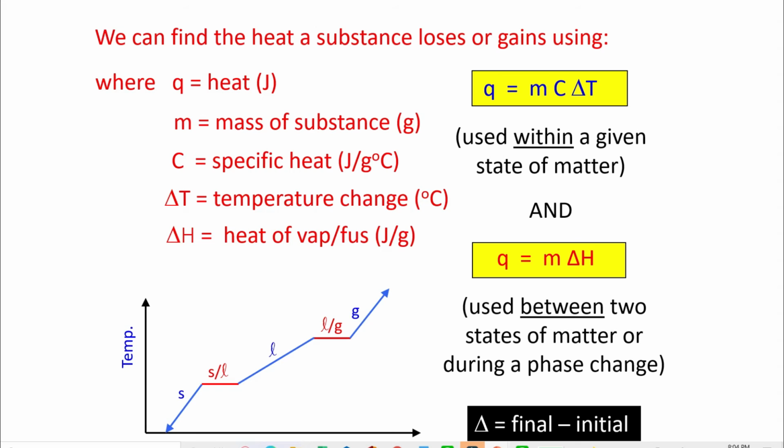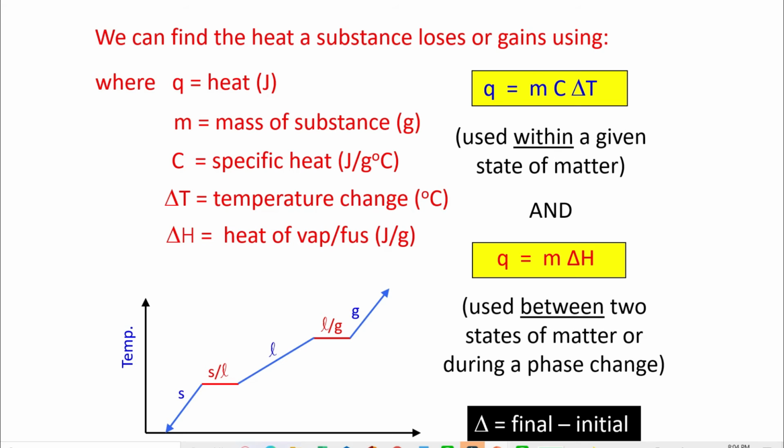In our temperature curve, which we'll learn later, the red lines denote places where the heat is going to be calculated using the formula mass times delta H, which is the heat of fusion and the heat of vaporization.